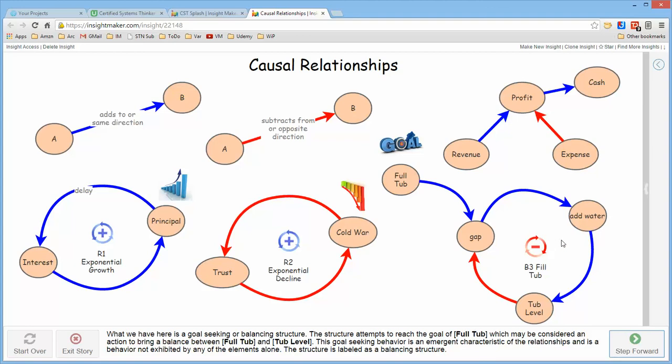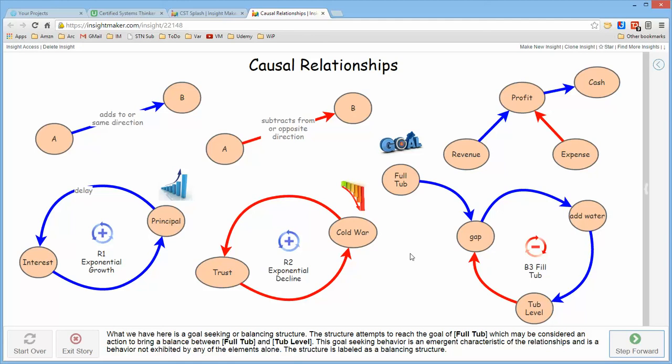In a given loop, you may have 4, 5, 6, 10 elements in the loop, so it takes time to walk around and count the relationships to figure out whether it's a balancing or reinforcing loop. And in the examples presented later, there are numerous models with the loops labeled, so you'll get a better sense of that from there. So hope you found this informative.